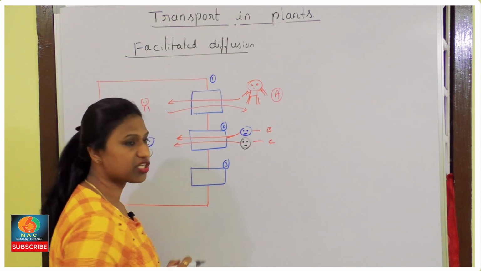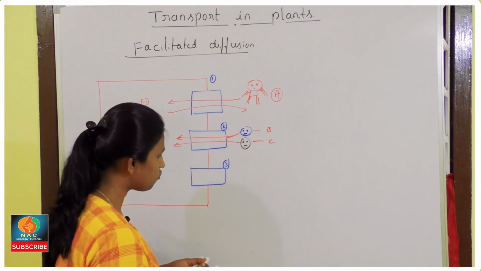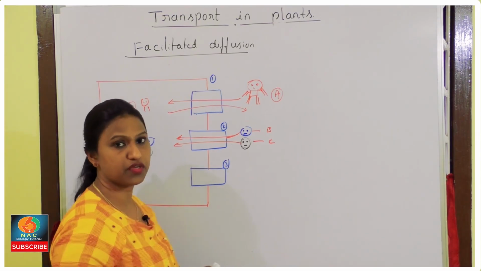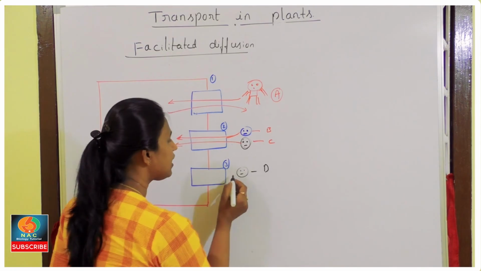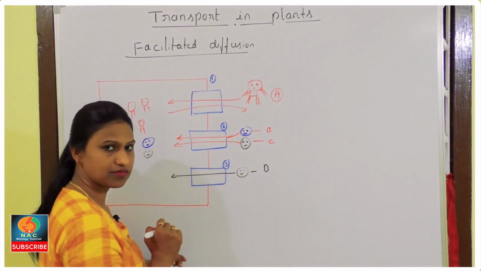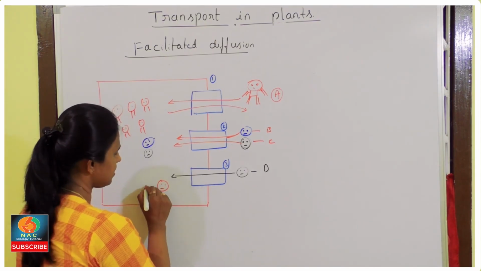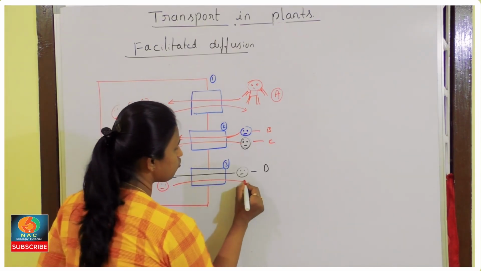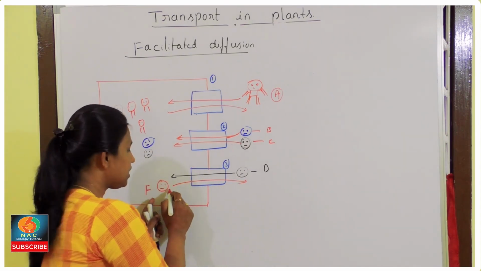Now what is the condition of the third gate? The third gate is quite different. Of course, it is also meant for specific persons. Here is a person D who can go inside, and one more person, F, who can come outside. But once D gets inside, at the same time F has to come outside.